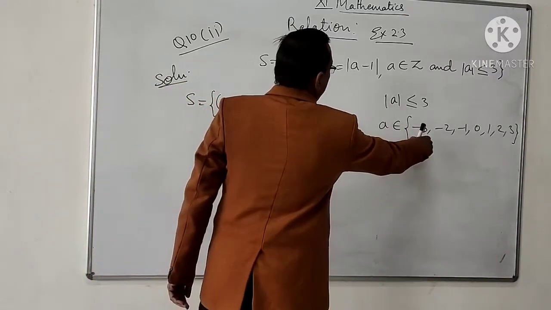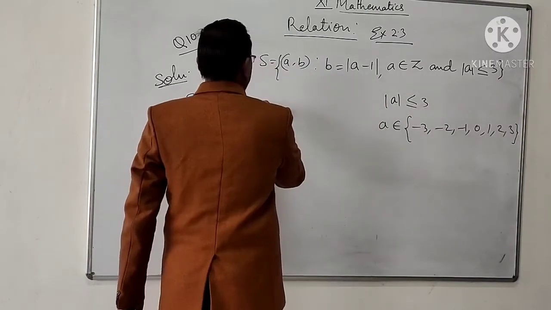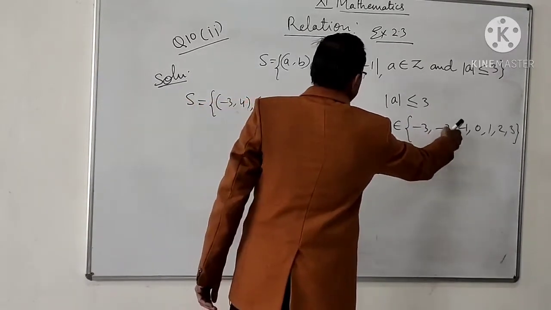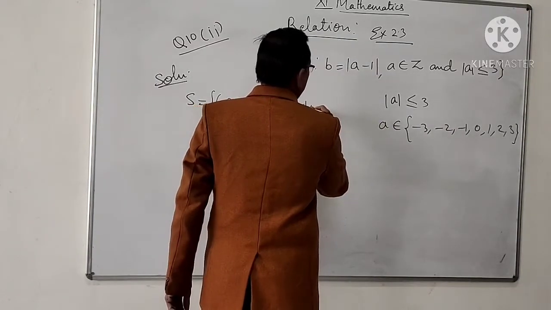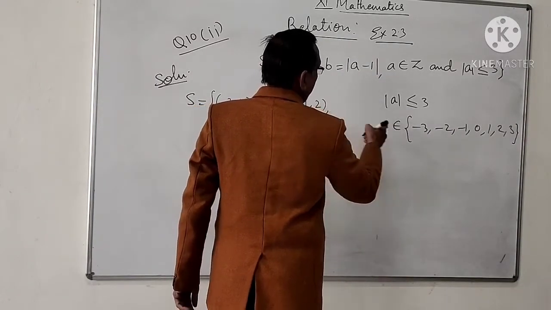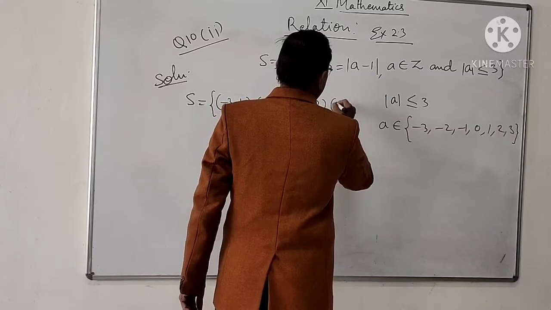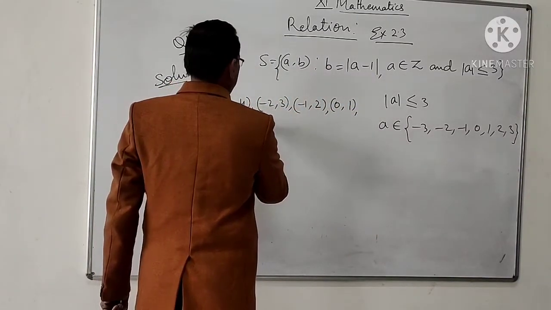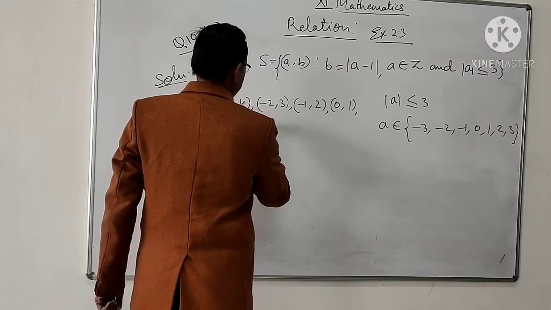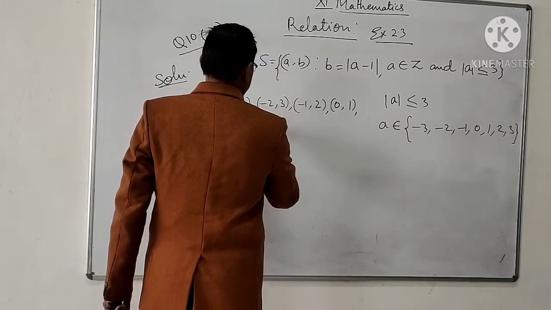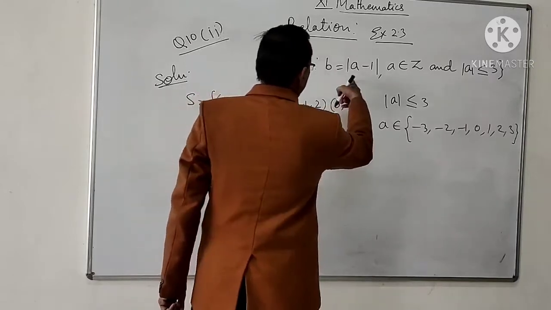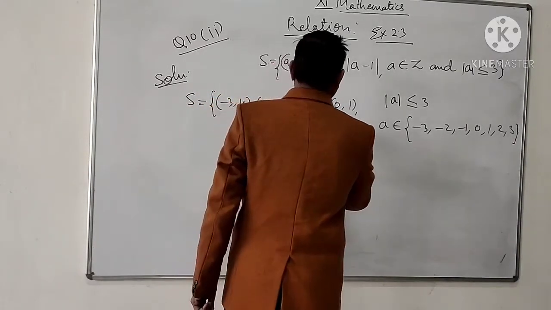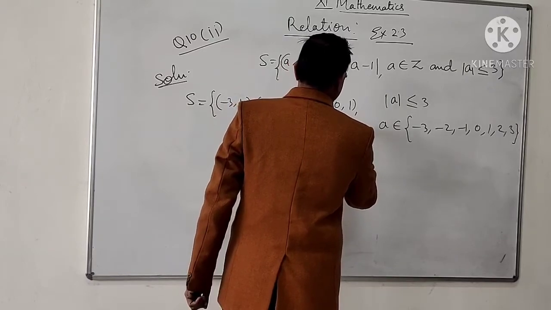When A is -2, B is 3. When A is -1, B is 2. When A is 0, B is 1. When A is 1, B is 0. When A is 2, B is 1. When A is 3, B is 2.